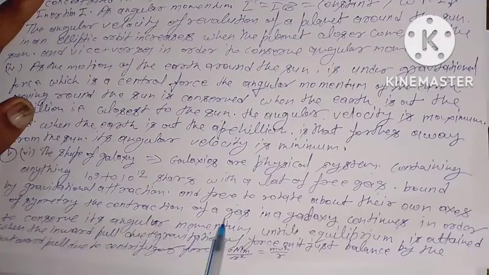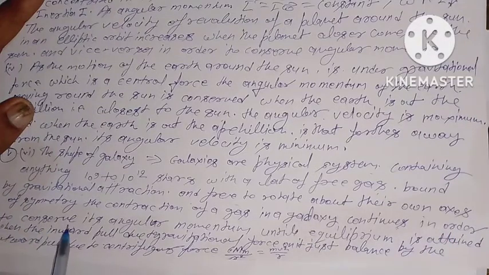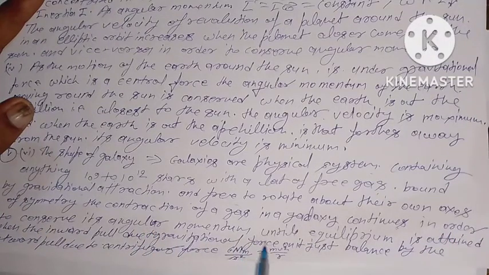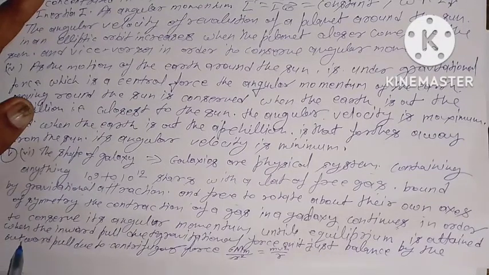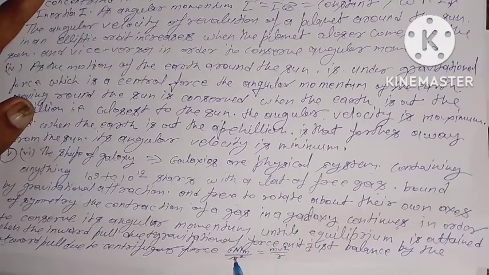The contraction of a gas in a galaxy continues in order to conserve its angular momentum until equilibrium is attained, when the inward pull due to gravitational force is just balanced by the outward pull due to the centrifugal force. G M upon R square equal to m v square upon R. Okay, thank you.